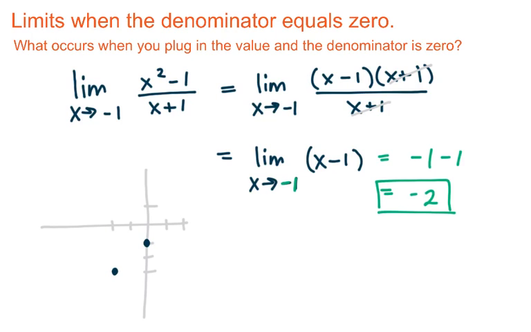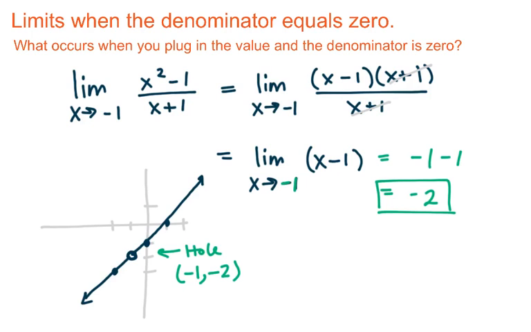Or if I were to plug positive 1 in, I would get out 0. So here we see that line forming. But what we want to notice is the graph will have a hole. Okay? So we're going to have a hole at negative 1, negative 2.